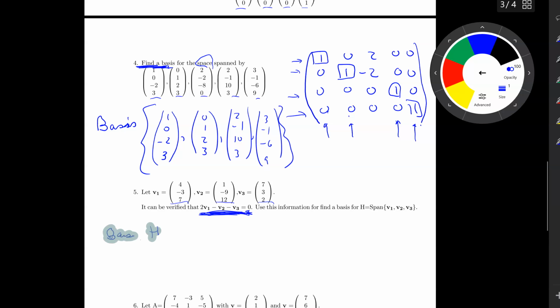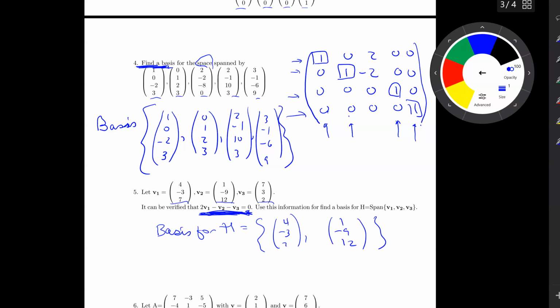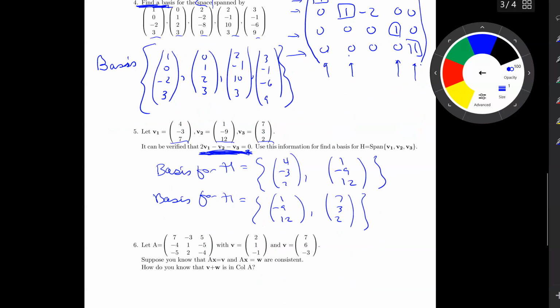So a basis for H will be any two of these 3 vectors. So I could choose this, or I could choose this. So it's not unique what the basis is. As long as they're not dependent, then they span the same set.